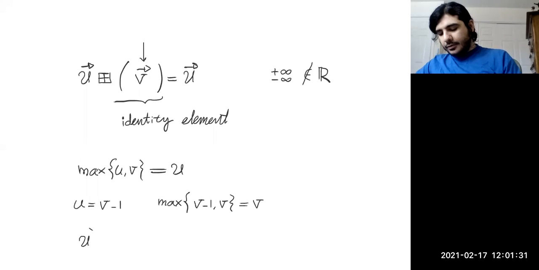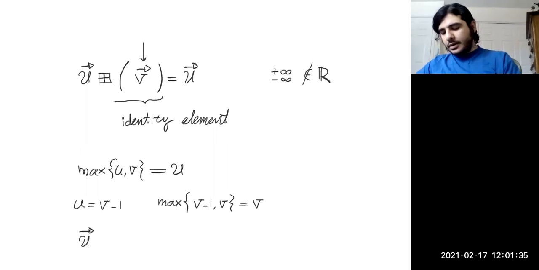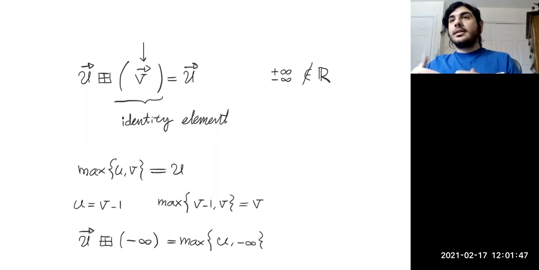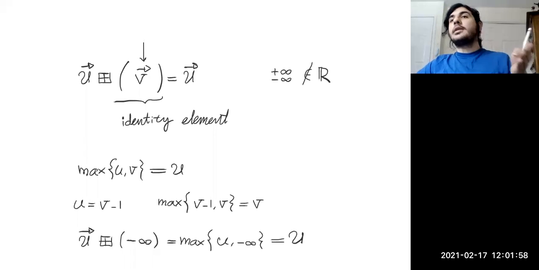So for any u, that's what matters, u plus minus infinity is max of u and minus infinity. But anything is larger than minus infinity, right? Minus infinity is smaller than all real numbers. So the max is always u. So u plus minus infinity would be u, and that's correct for any u.